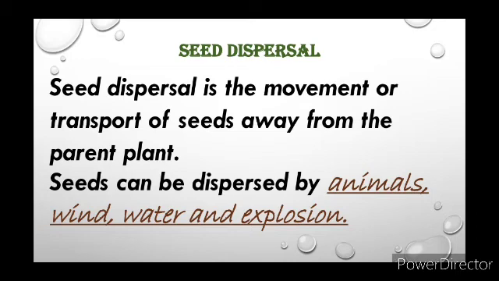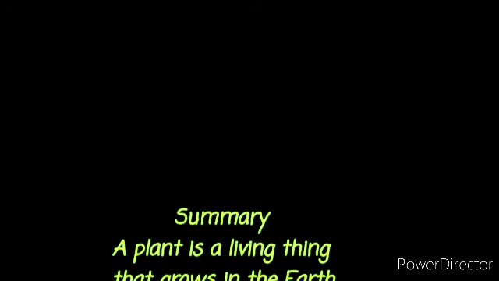Seeds can be dispersed by animals, wind, water, and explosion. That is animal dispersal, wind dispersal, water dispersal, and dispersal by explosive mechanism. Now let's go through the summary of today's lesson.